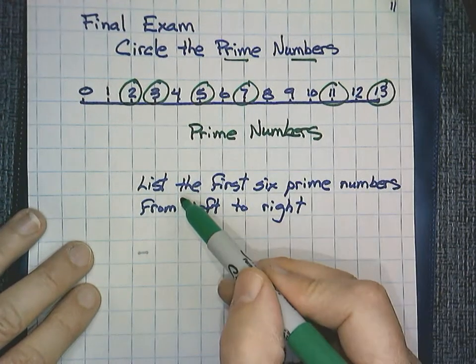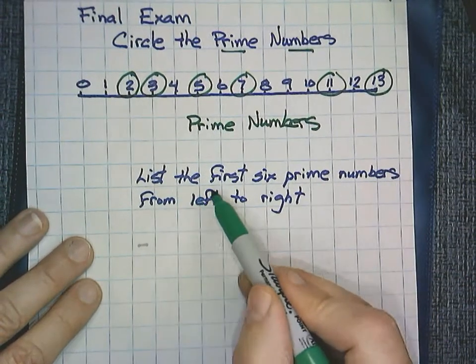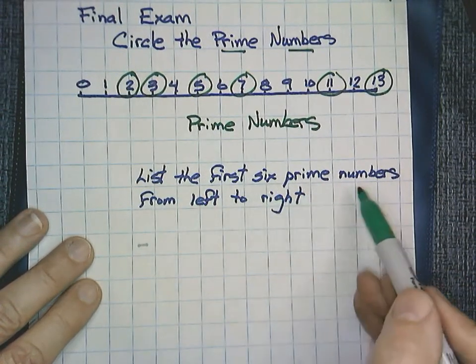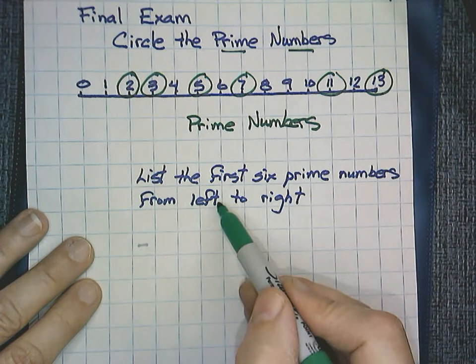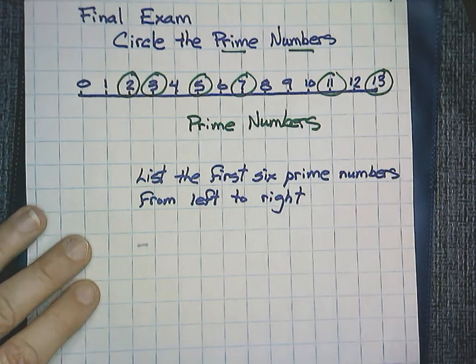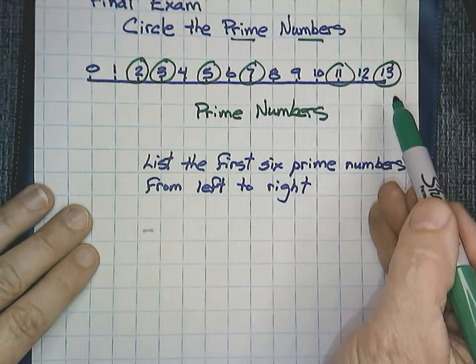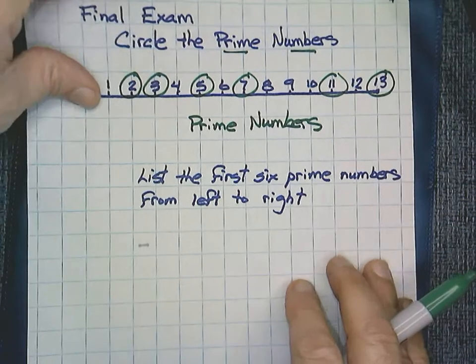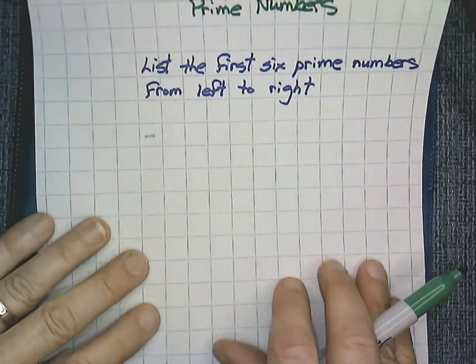All right, second question of your final exam, right? List the first 6 prime numbers. List just means to write. The first 6 prime numbers from left to right. If you want to pause and try it, you can. Now, yes, it's kind of cheating. But if I want to make it a little bit more challenging, I'll scooch that off the page.